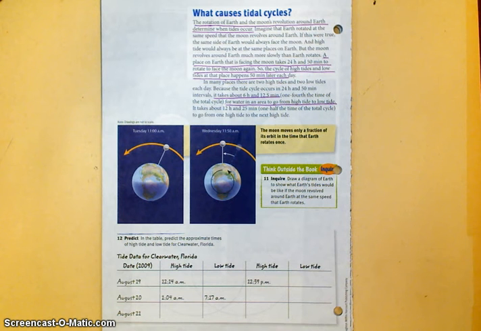If you keep that in mind, then you'll be able to fill in the tide data for Clearwater, Florida, the example down at number 12. Let me pause this for just a second and do a little highlighting for you. All right, so I went back and underlined where it says the rotation of Earth and the Moon's revolution around Earth determine when tides occur.